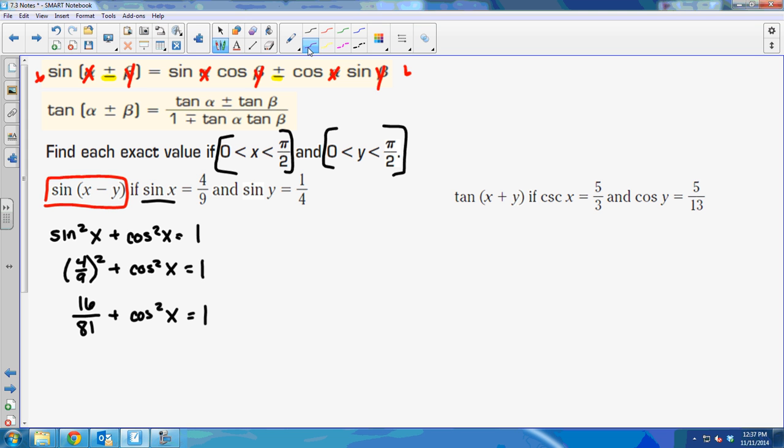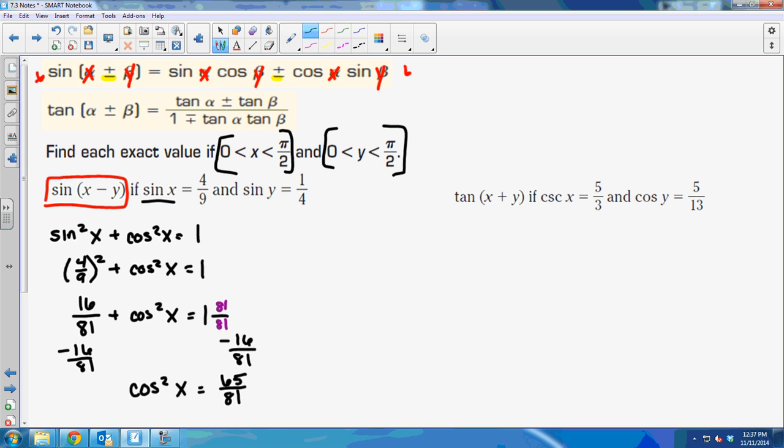And then 1 is 81 over 81, so when I subtract 16 over 81 from each side, I already have a common denominator. I changed 1 to 81 over 81, so I can have a common denominator. So 81 minus 16, 65 over 81. Question so far?